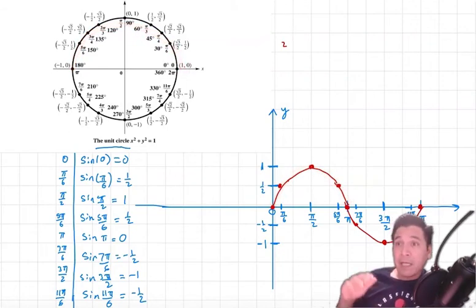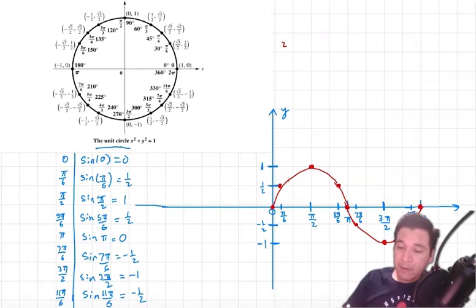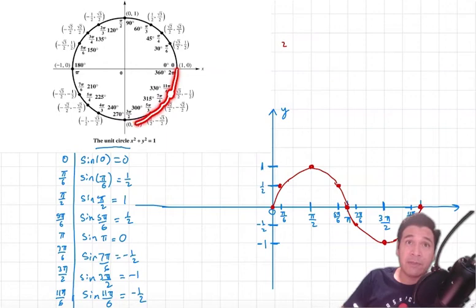Alright. Now, if we were going to go clockwise, then we would be going here, and then we would be going along the bottom half. So for example, this would be negative pi over 6 right here. The 11 pi over 6 would be a negative pi over 6, a negative pi over 4, a negative pi over 3. This would be negative pi over 2 now.